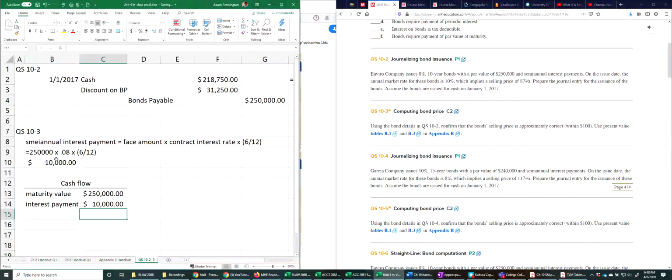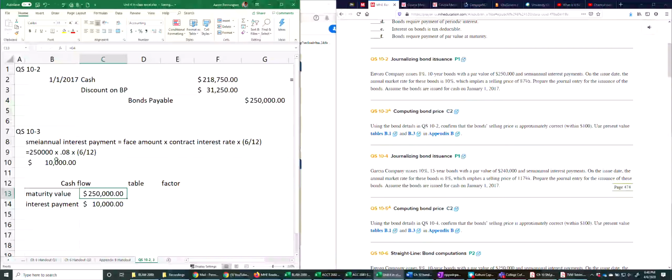So in pricing bonds, we need to pull some values from the time value of money tables. What we have here is a future value that we need to express in terms of a present value.